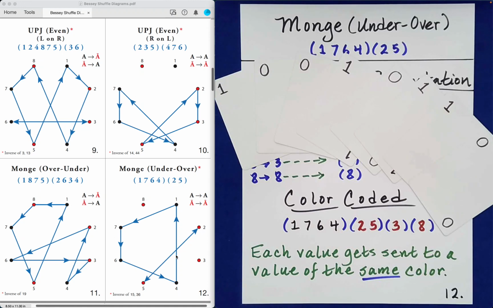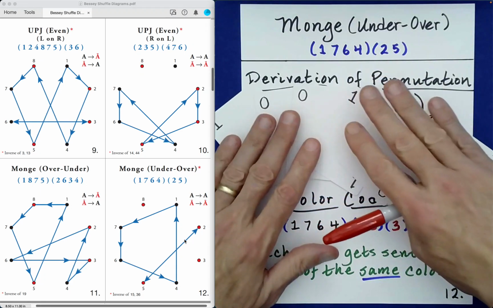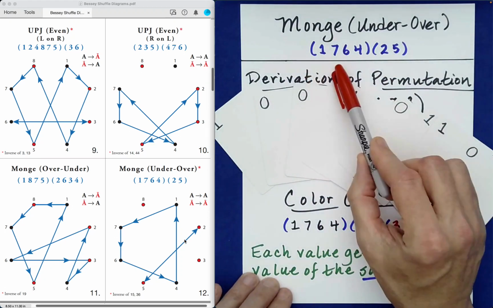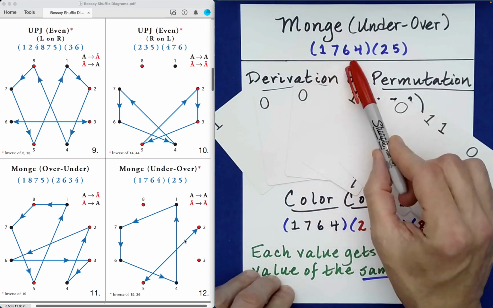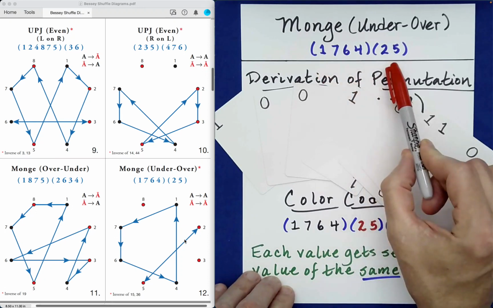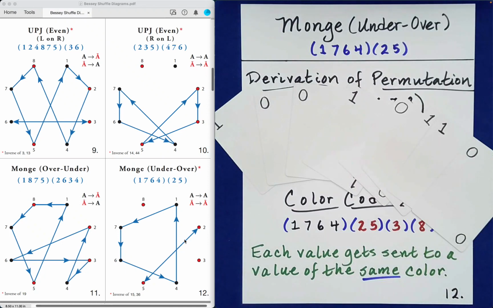So 2 gets sent to 5, which in turn gets sent back to 2. So those just switch places every time you perform this shuffle. So as we look at the cycle notation of this permutation, we can readily conclude that this shuffle has order 4. If you perform this shuffle 4 times, it returns the packet to its original order.